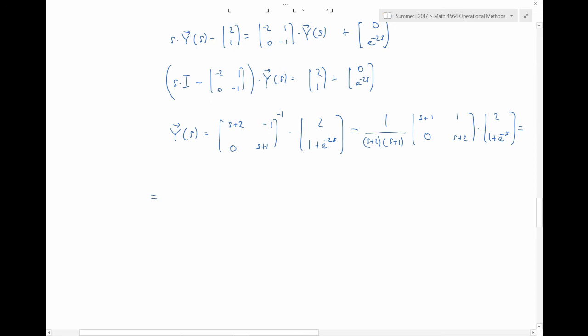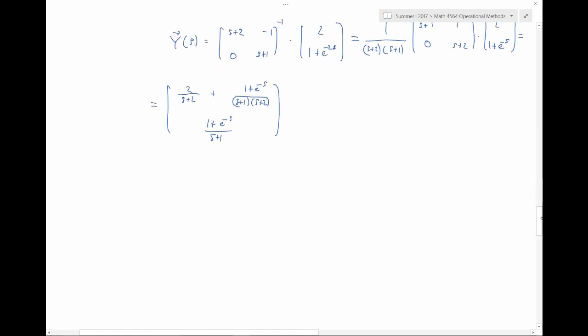Computing this, we get 2 over s plus 2 plus 1 plus e to the minus s divided by s plus 1 times s plus 2. And for the bottom we have 1 plus e to the minus s over s plus 1.